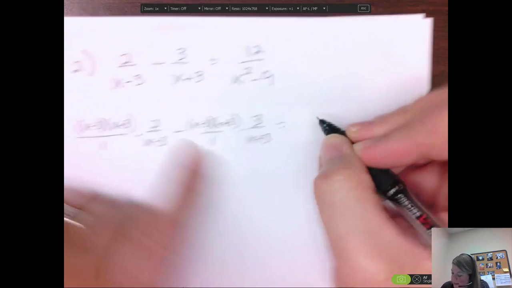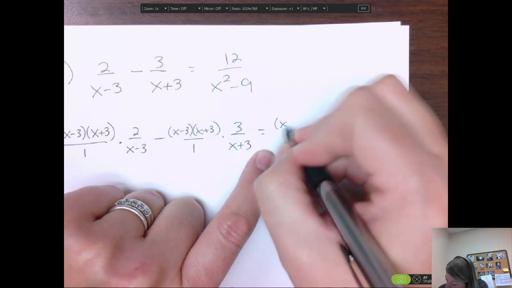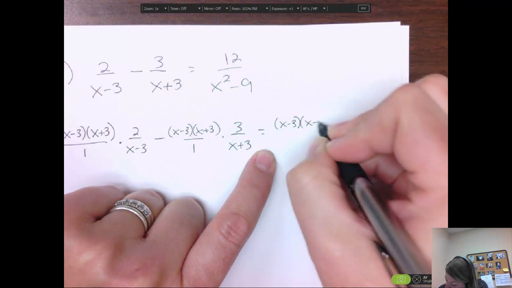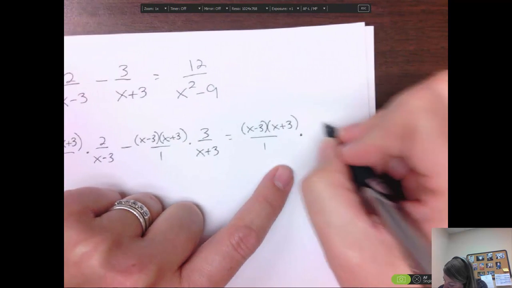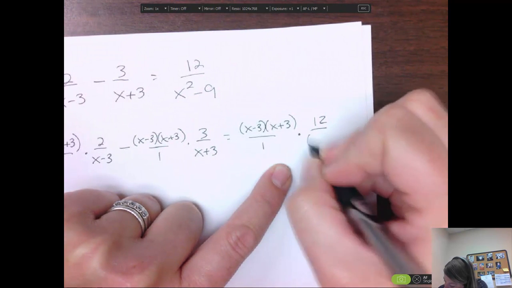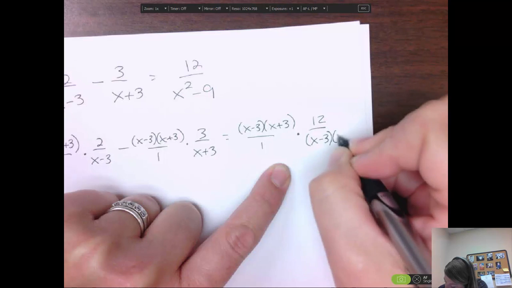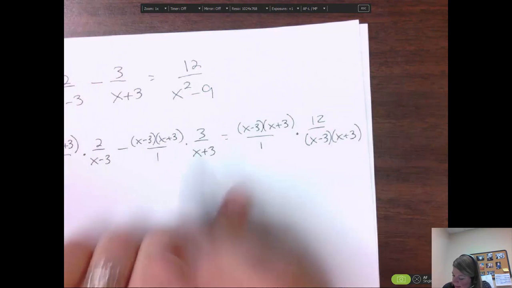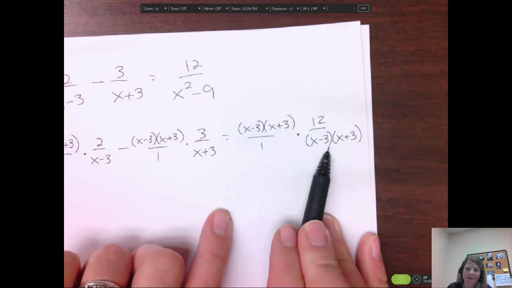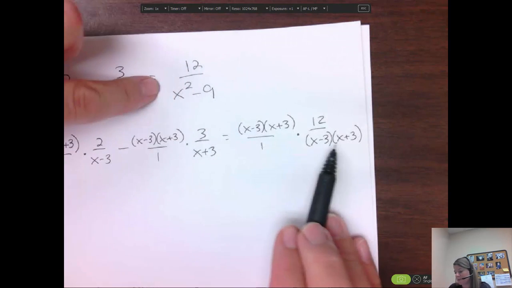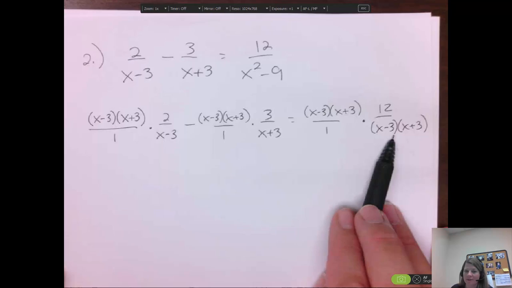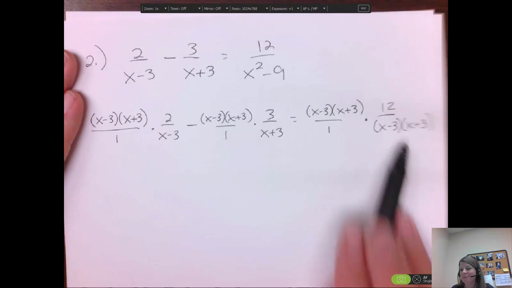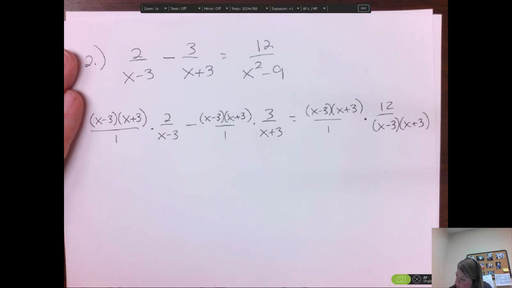And then it's going to equal this one, x minus 3, x plus 3 over 1 times my last fraction. And I just factored this one out here. So I just changed this one to its factored form. I can almost barely fit this entire ugly mess on my screen here.